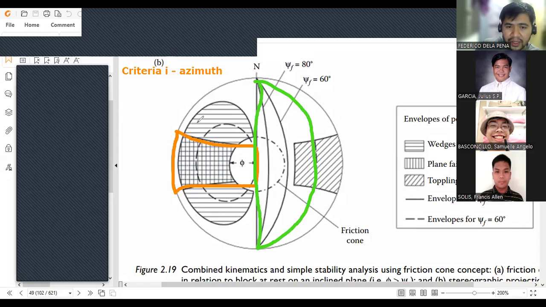Now, if you have to convert that zone into a pole, it would look something like this. Essentially, all angles between 90 to 30.